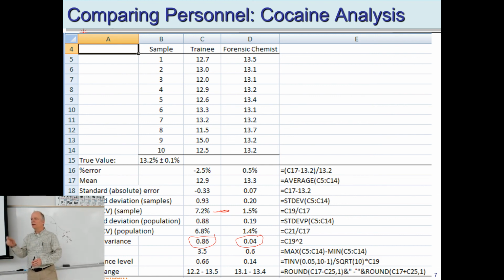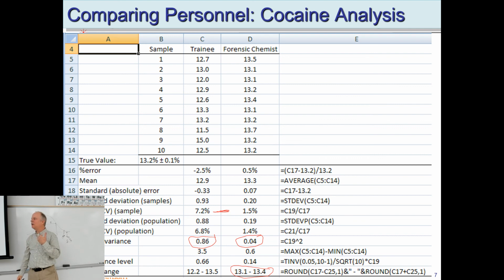I could put the plus or minus sign in there or whatever. And then I close that quote, do another ampersand, the and symbol, okay? And then I round the upper value, the mean plus the half the range, and round that to 1 decimal place and close that. And so that's how I got these little cells to show the 2 different numbers with a dash and some spaces.